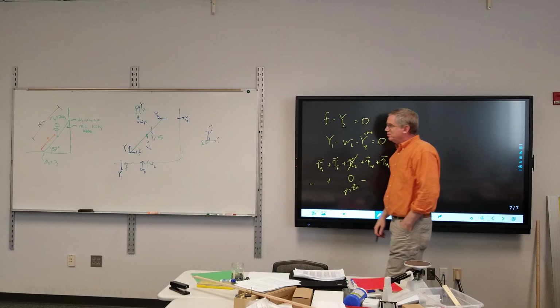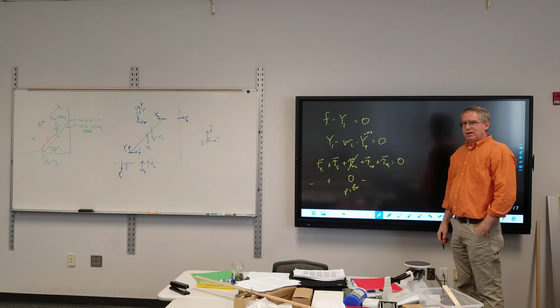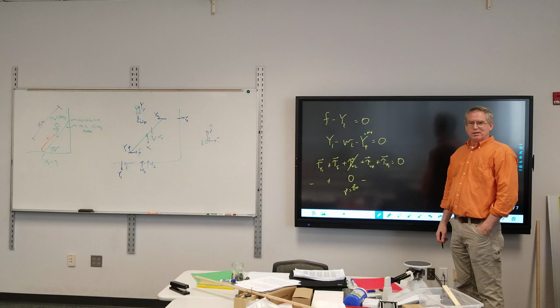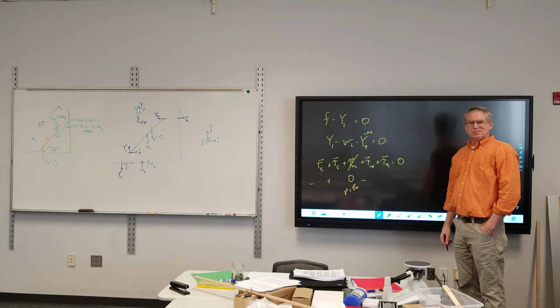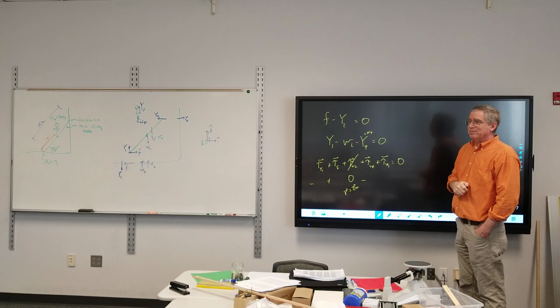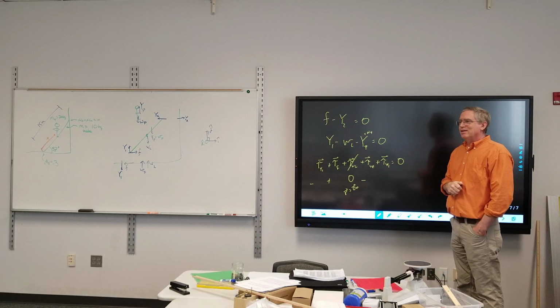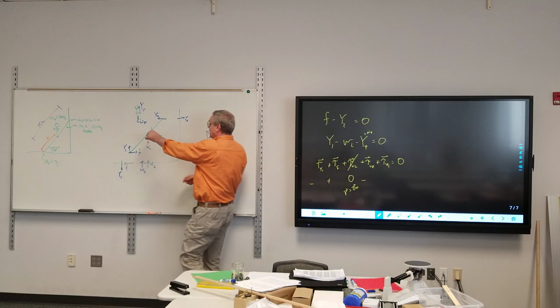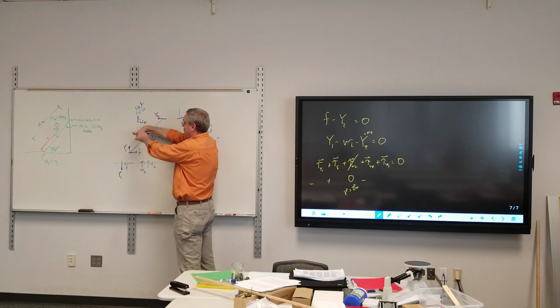And then Y2. That way? Is that what you're going with? Out of the board? And again, if this is my pivot right here, and I push on it that way, that's trying to rotate it around like that.